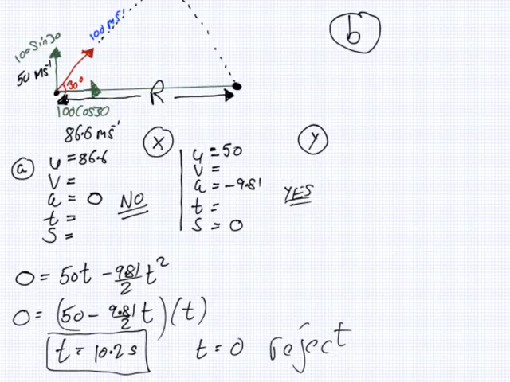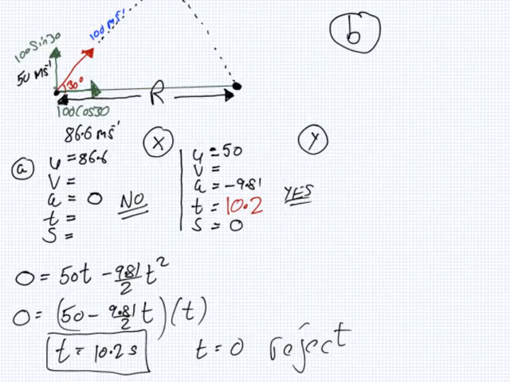Can you see that there? That's the range. Now, that basically means I want you to find the S in the horizontal. That's actually quite easy to do because you know the T now is 10.2.